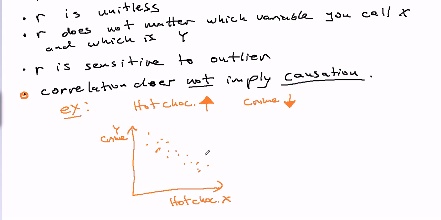Now, that's very interesting, and that would definitely make me perk up and say, hey, what's going on here? But it would be very dangerous for me to then say, all right, hot chocolate consumption causes crime to decrease. So in other words, give people more hot chocolate so as to reduce the crime. Okay?